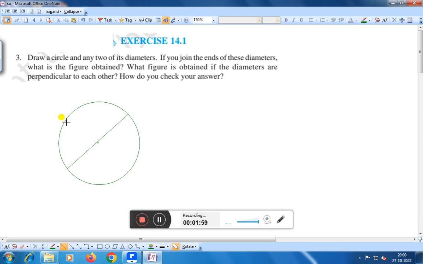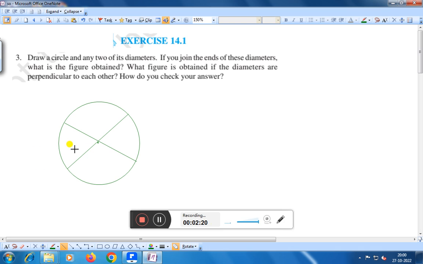Let us take another diameter. Now we have taken two diameters.